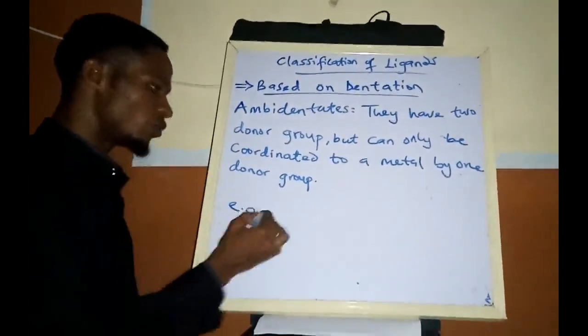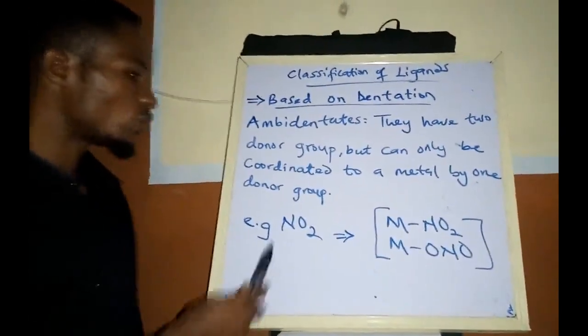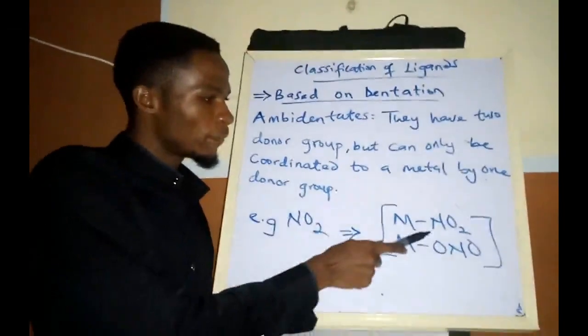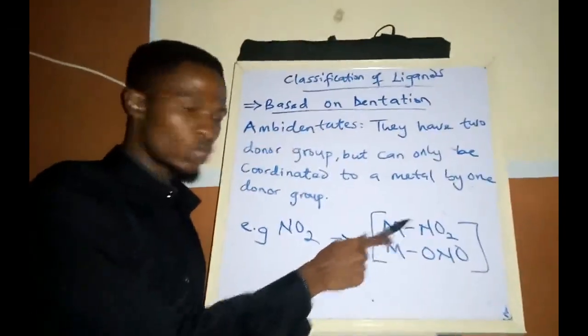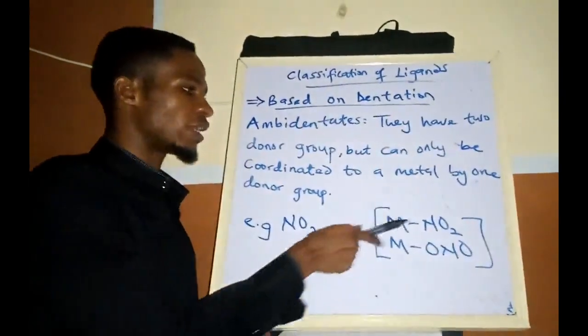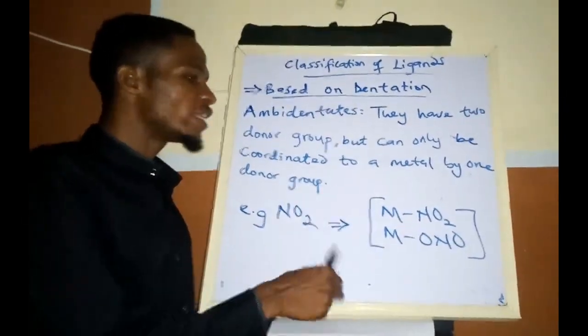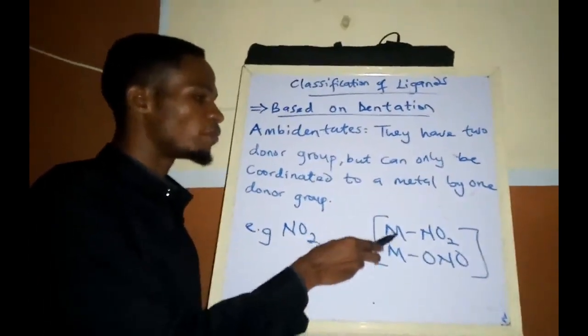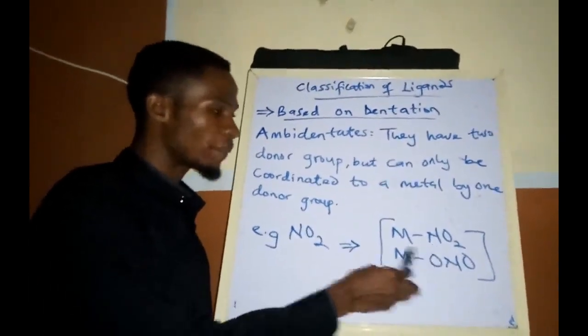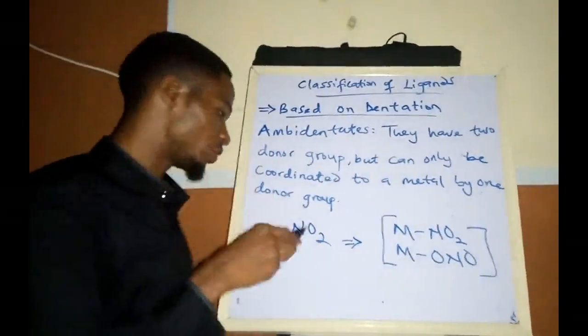For example, we have NO2. NO2 can get coordinated to metal through the nitrogen or through the oxygen. The two donor groups are nitrogen and oxygen, but it can only get coordinated to the metal through nitrogen or through oxygen.